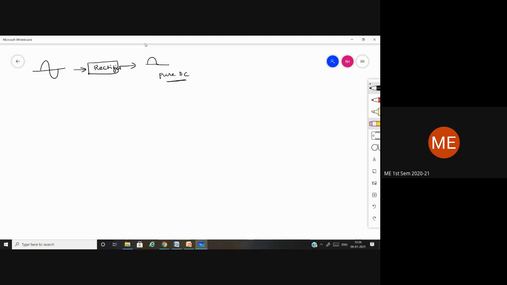What is pure DC? How should pure DC be? A straight line, right? But what we are getting from the rectifier is not completely pure DC.